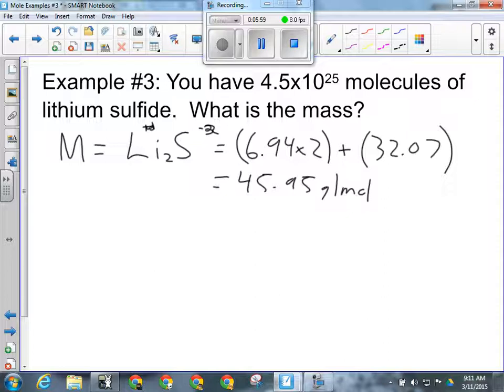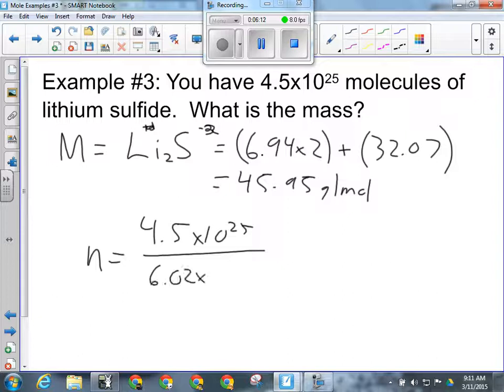If I'm going to find the number of moles, I take the number of molecules I have, in this case 4.5 times 10 to the 25, and I divide that by the number of molecules in 1 mole, 6.02 times 10 to the 23. And what that's going to do is tell me the number of moles.